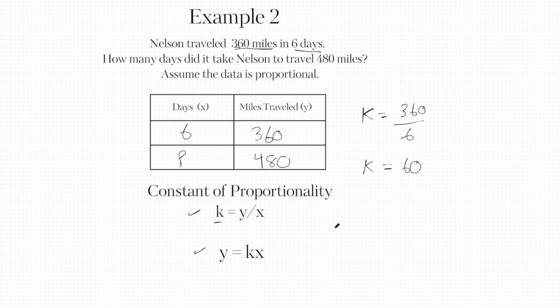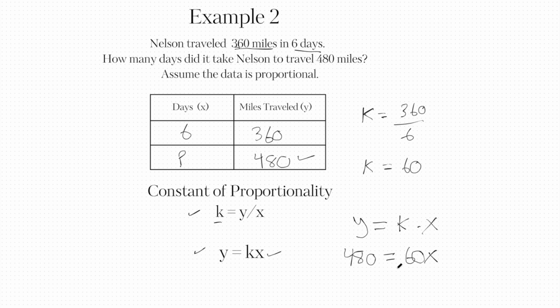Now I'm going to use this equation to solve for this unknown. I'm going to write down y equals k times x and plug in what we know. We know that the y value is 480, so it's going to be 480 equals 60 times x.